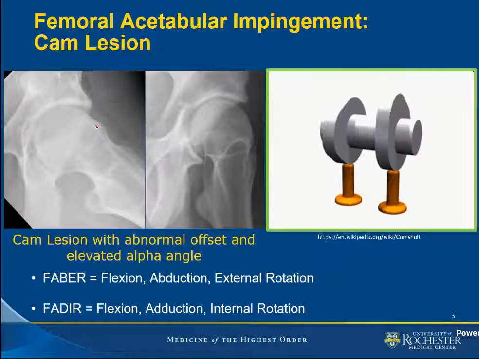So the analogy is the cam deformity is this bony bump, which is going to be occurring at your femoral head-neck junction. And the problem with this bony bump is that when patients go into the extremes of either flexion or abduction, this bony bump is on a collision course with this rim of the acetabulum. Now, it's not necessarily the bony impingement which is the problem.